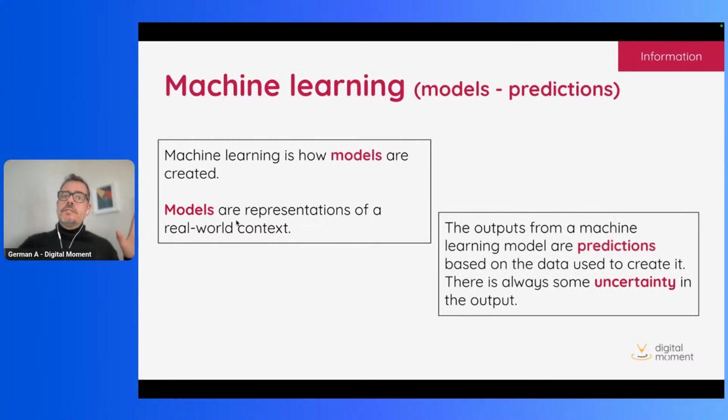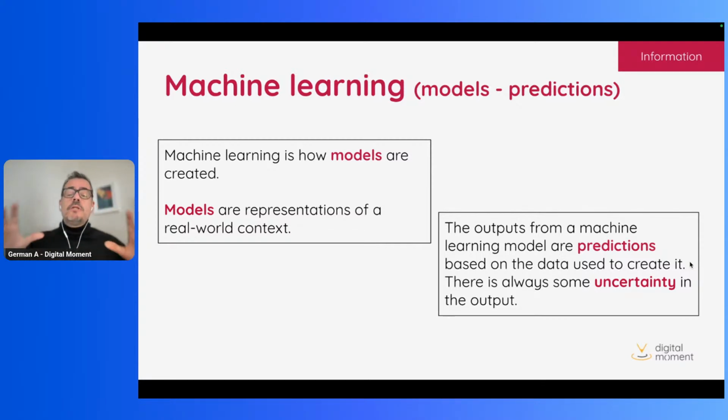Then once the model is created, the idea is that that model is going to make a prediction. It's going to tell us, this is what I think should happen. Or in the case of the LLMs, I think the next word that should come should be this, and then it builds the sentence. And when we think about AlphaFold and protein folding, it's also doing the same thing.